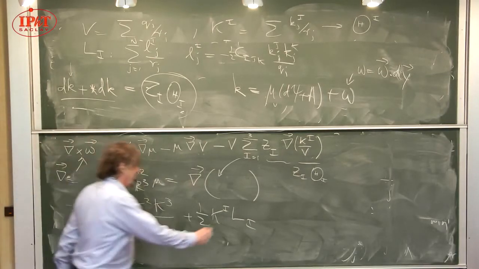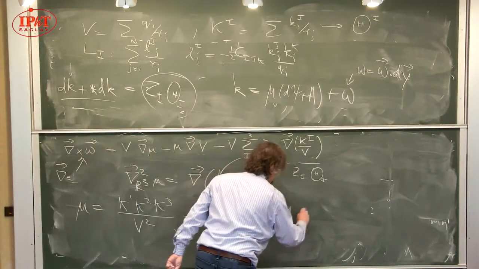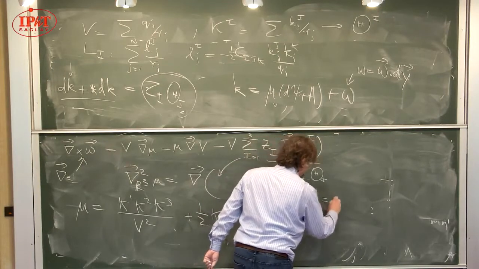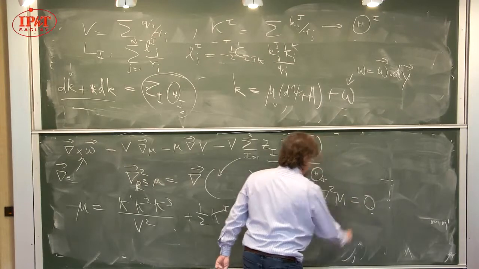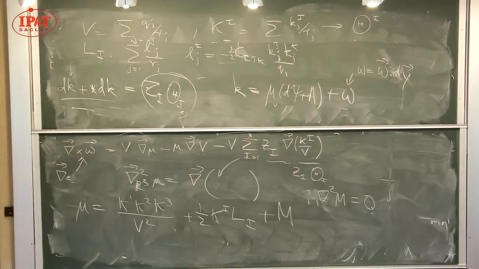And then you have the freedom to add another harmonic function. m is going to be harmonic. It turns out that del squared of m is 0. So it's completely trivial to solve that.